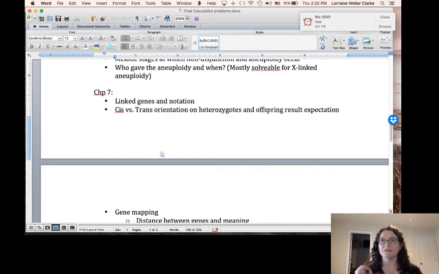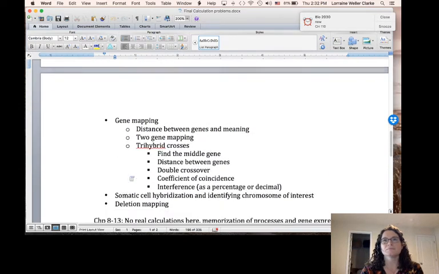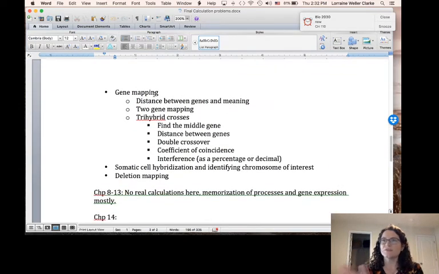What the most common non-recombinant ones will look like. And then in terms of gene mapping in particular, being able to identify what the distance between the genes means, do the 2 gene mapping, okay, if they're 15 map units apart, what patterns would you see in these phenotypes?